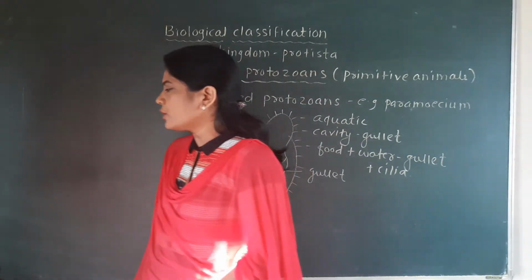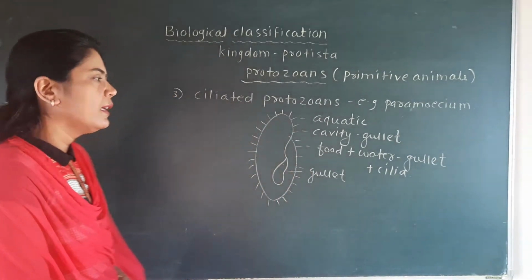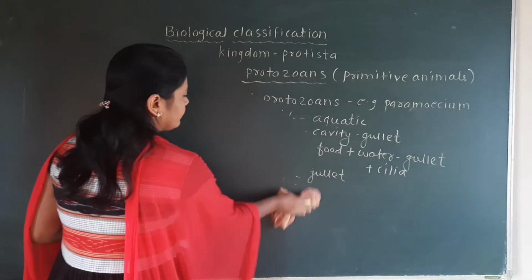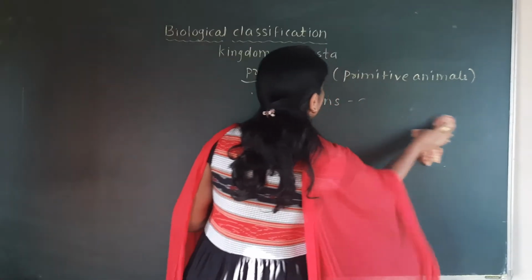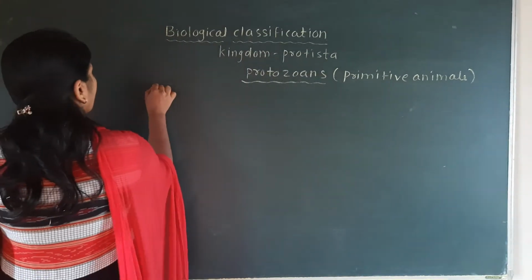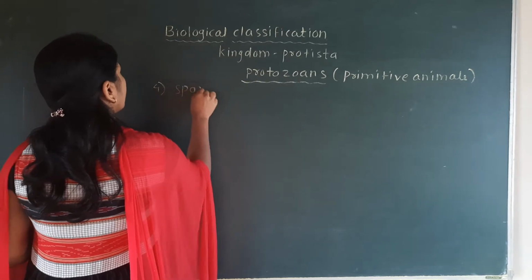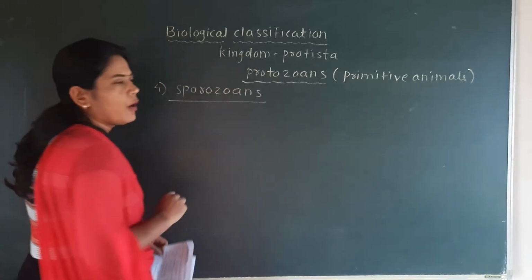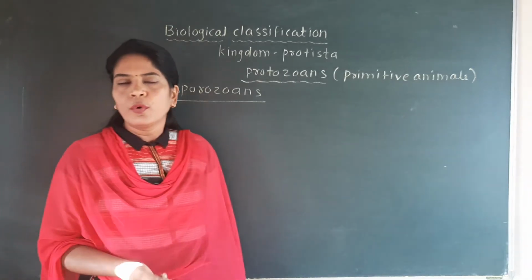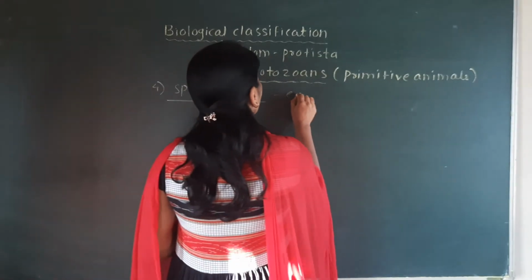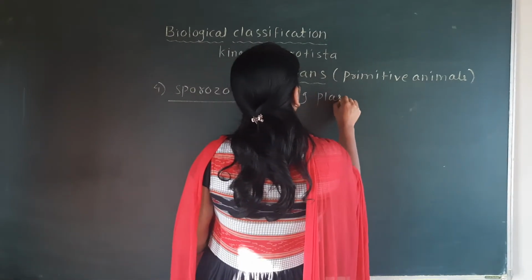Okay, and the last group of the protozoan is called the sporozoan. So the fourth group of the protozoa is the sporozoan, and their example is Plasmodium.